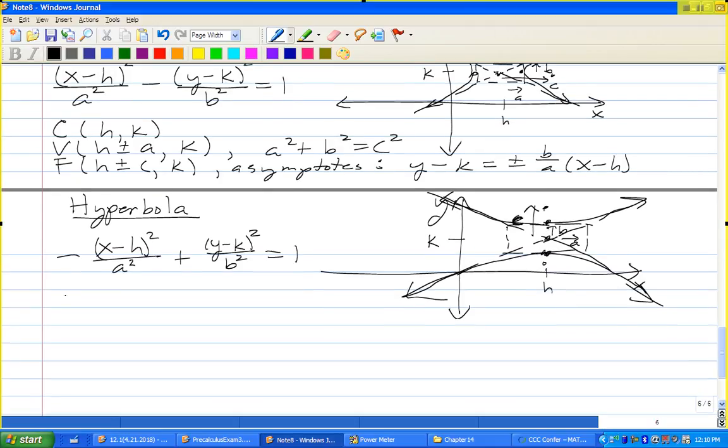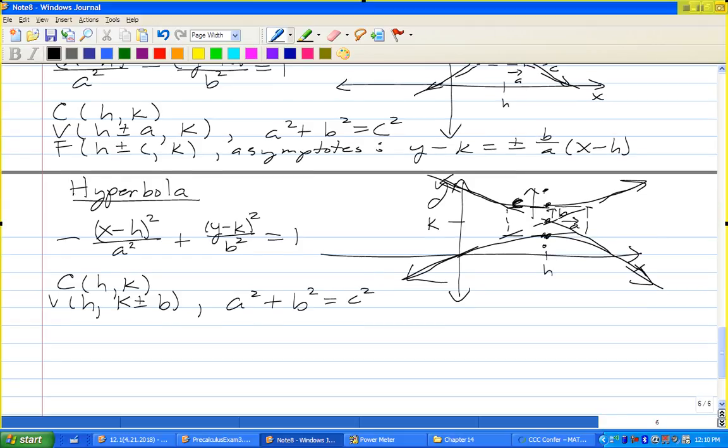Okay, the center is at (h, k), vertices (h, k plus or minus b), a squared plus b squared equals c squared.